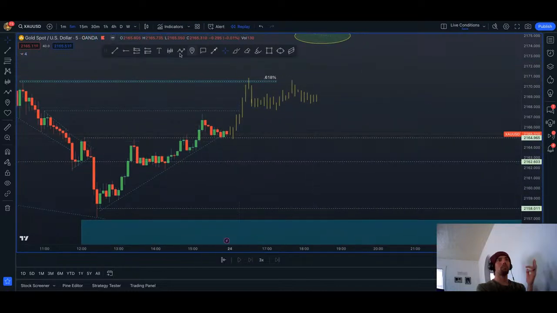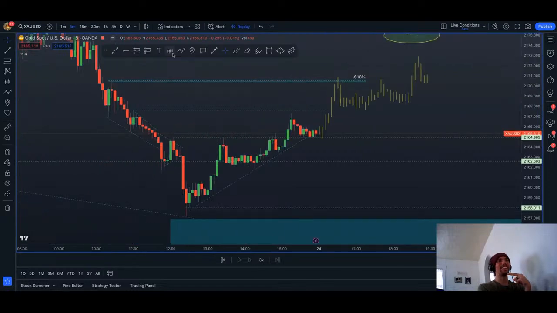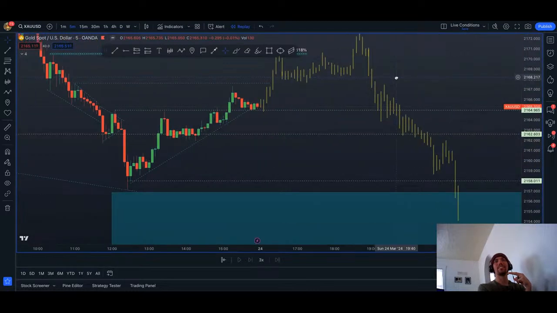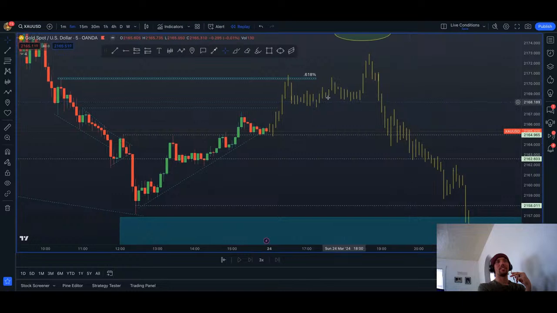And then price will do something like this. Get you again before it finally moves down in the intended direction like this. So don't get caught in the range, okay?